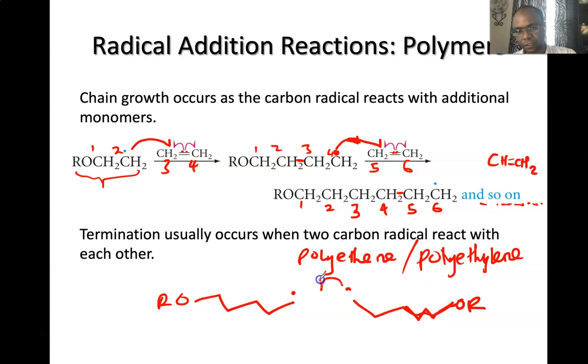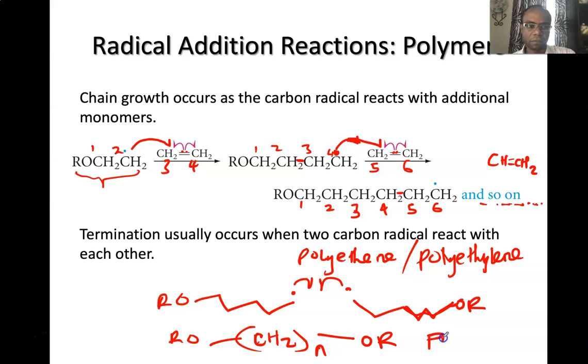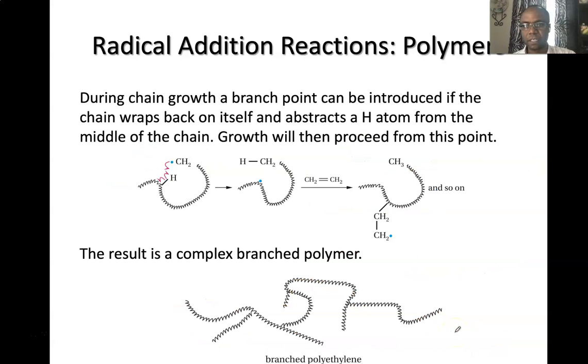If these two guys meet, then you're gonna get a very long polymer. So I'm gonna say CH2 is gonna be repeated so many times, where this n could be 1,000 times, writing CH2 1,000 times and so on. It's a long chain. So that's the process of how you make polymers.